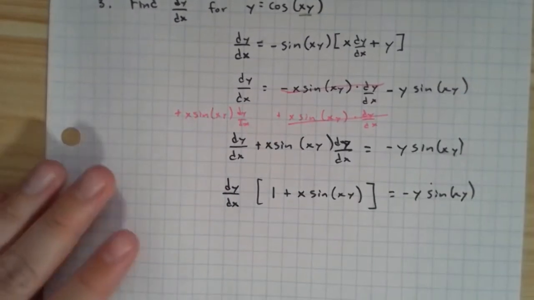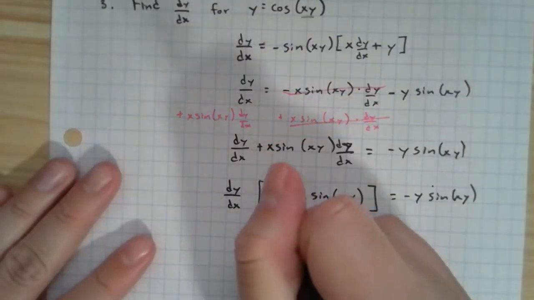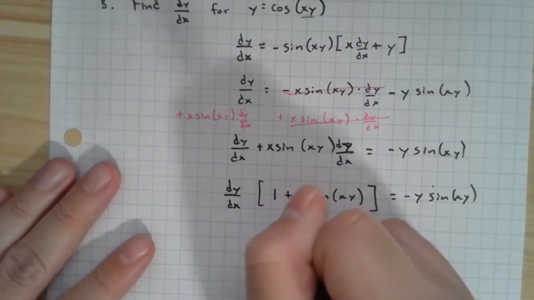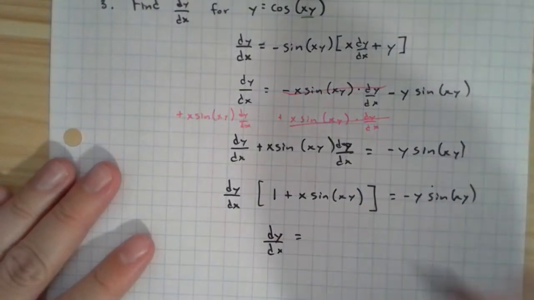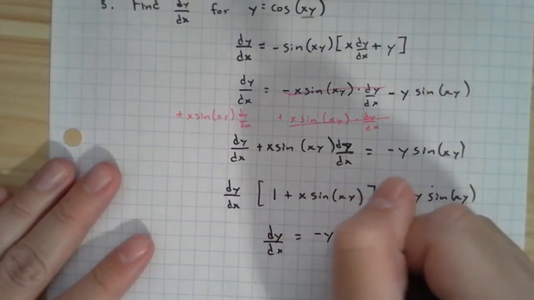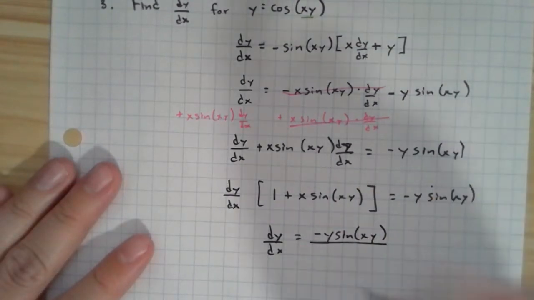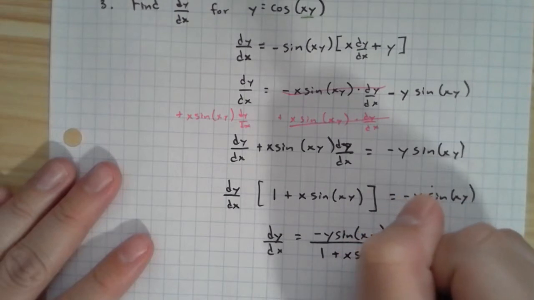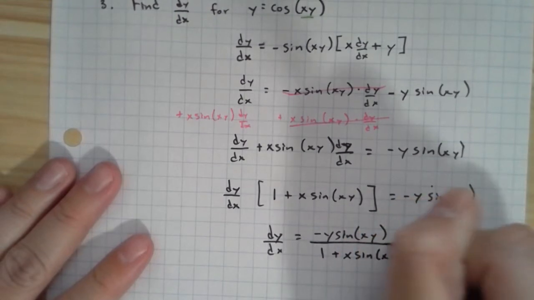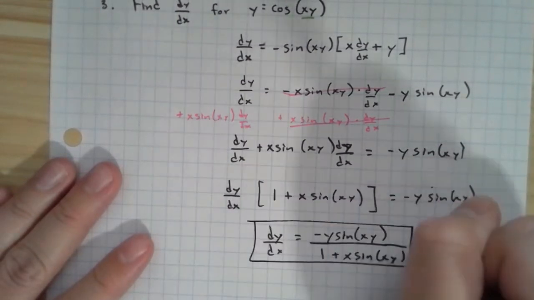And finally divide by all of this. So then my answer, the derivative there, will be negative y sine xy all over 1 plus x sine xy. Boom.